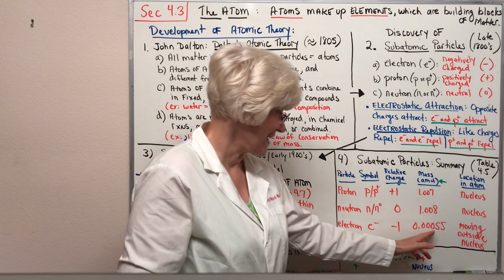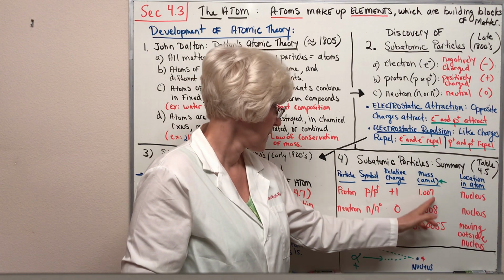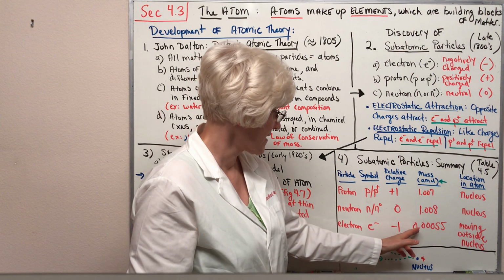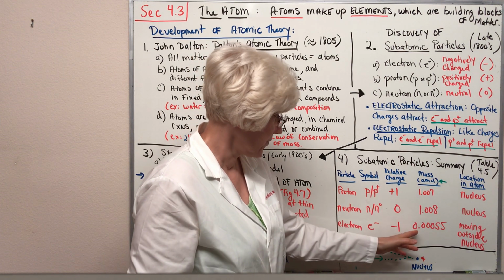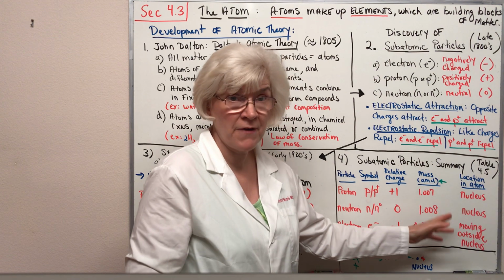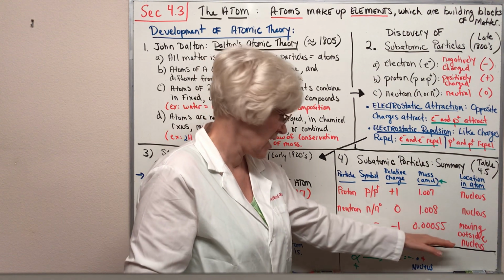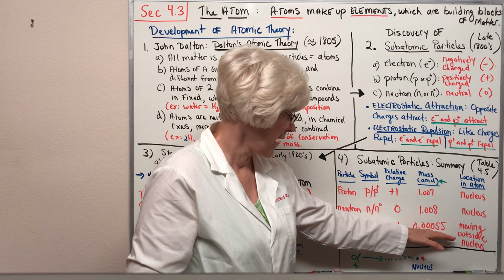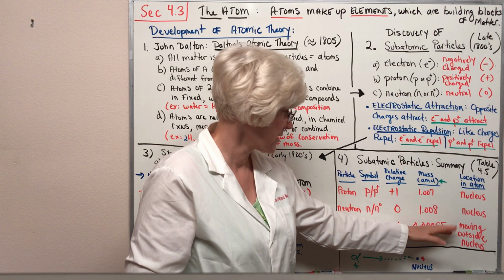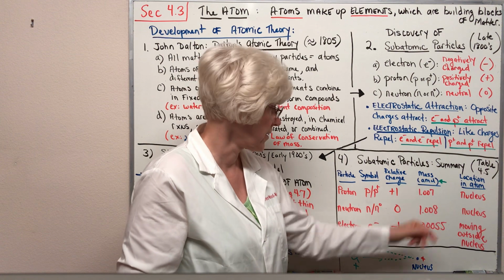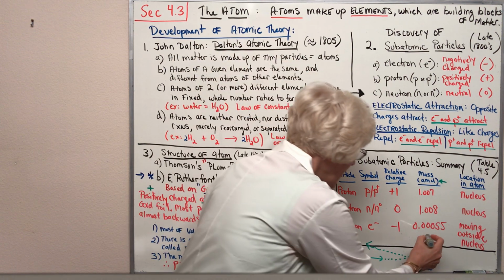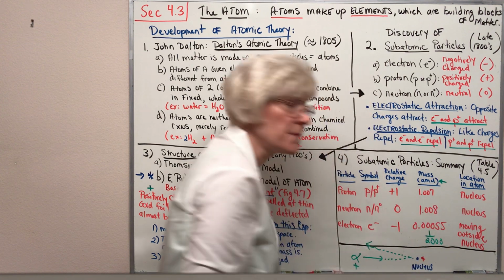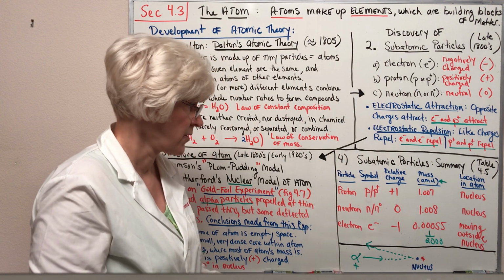The electron is significantly smaller than either the proton or the neutron, with an atomic mass unit value of 0.00055. And I don't expect you to memorize that number, just to be aware that the mass of the electron is significantly smaller than that of the proton and the neutron, approximately 1/2000th the mass of protons and neutrons.